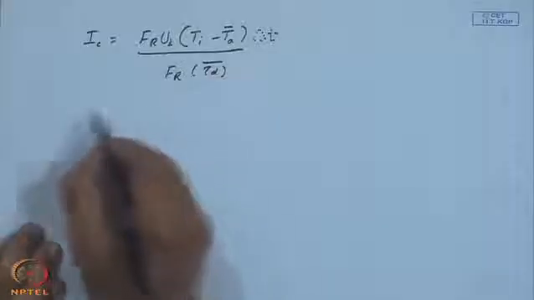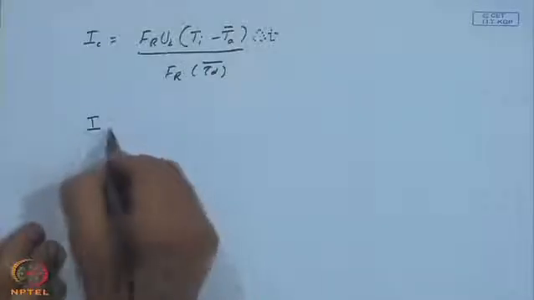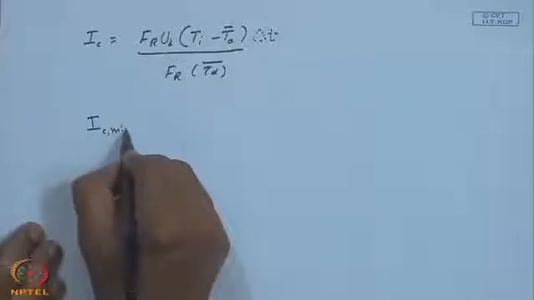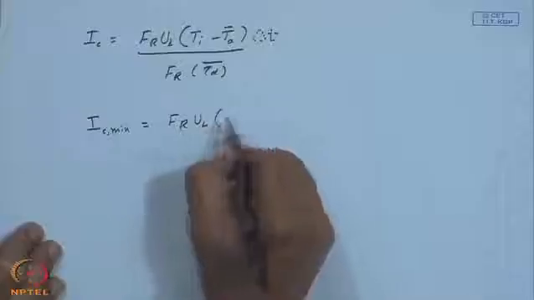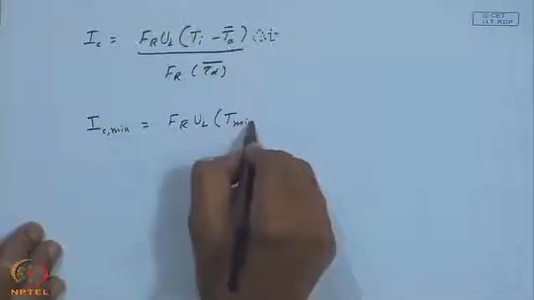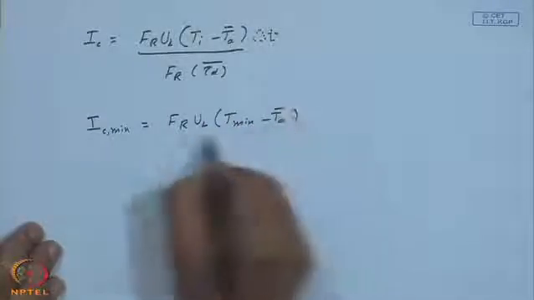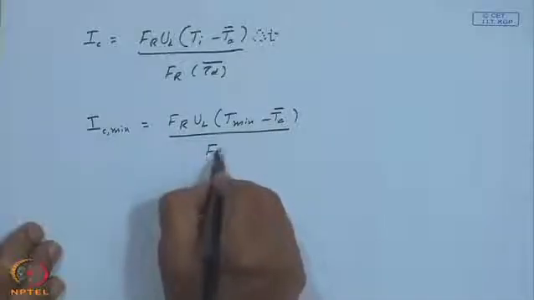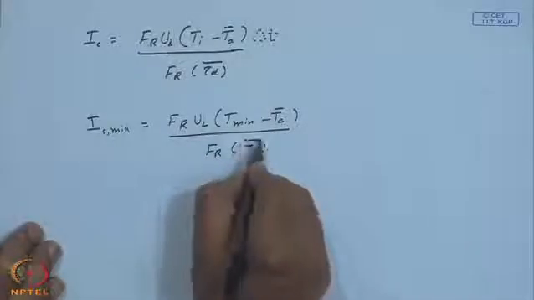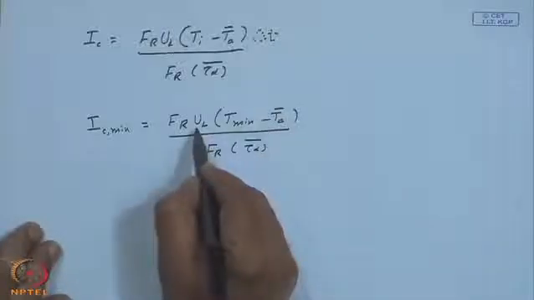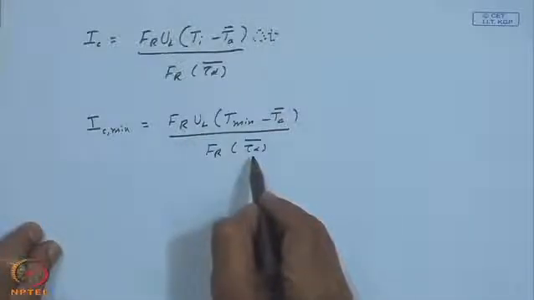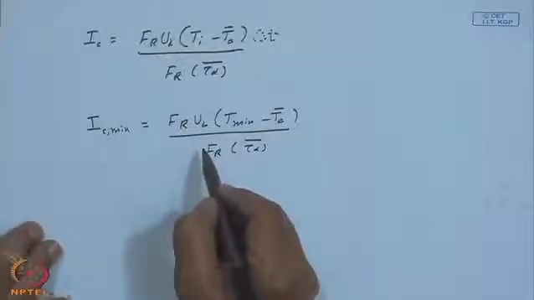So, in terms of the minimum temperature above which energy delivery is desired, the same thing can be rewritten as F R U L times T minimum minus T A bar, by F R tau alpha bar, where T A bar is the monthly average daily ambient temperature, U L is the overall heat loss coefficient, tau alpha bar is the monthly average transmittance absorptance product, and F R is the collector heat removal factor.